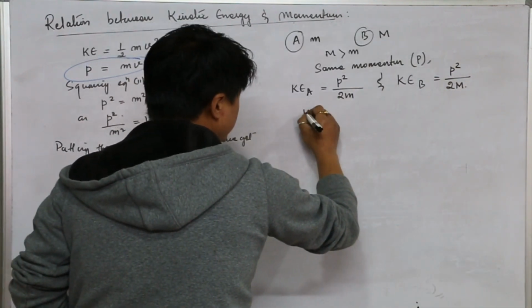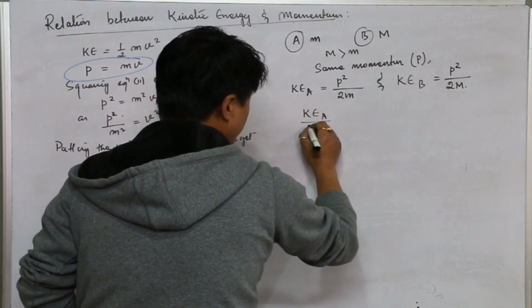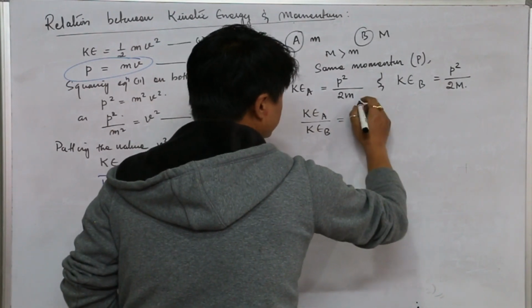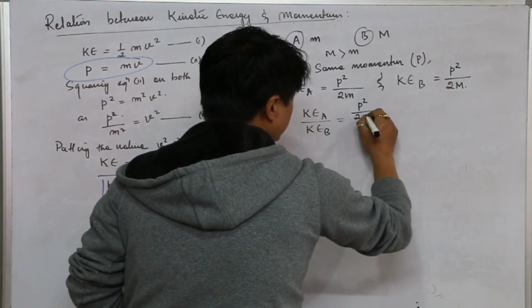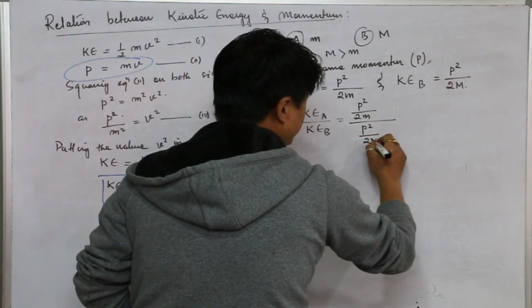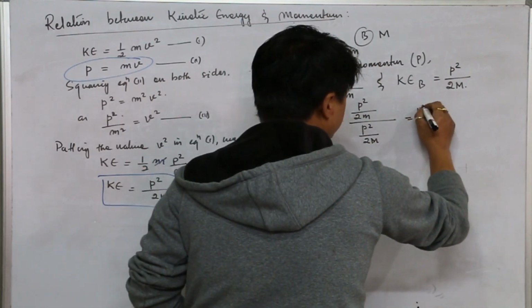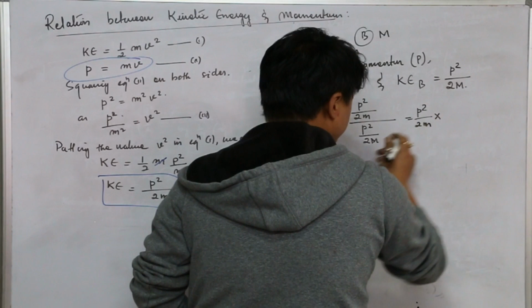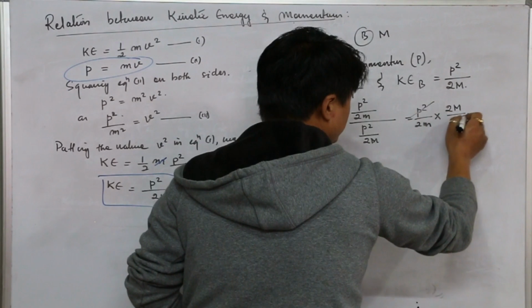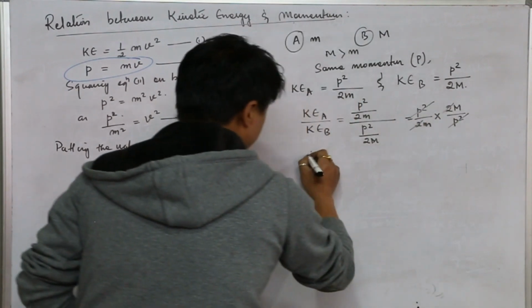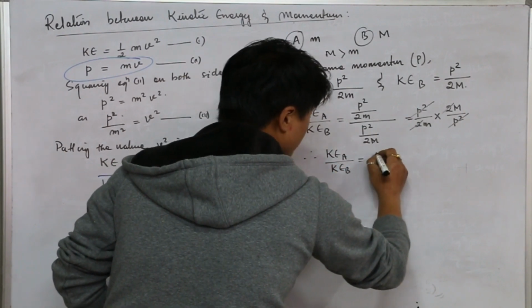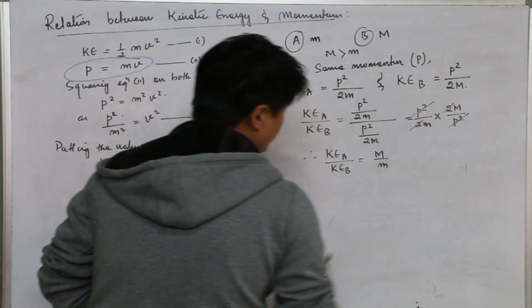Dividing these, we get KE A divided by KE B. This is P square divided by 2m, whole divided by P square divided by 2 capital M. This can be written as P square divided by 2m into the reciprocal, 2M divided by P square. The P square and 2 will get cancelled, therefore we get KE A by KE B is equal to M by small m.